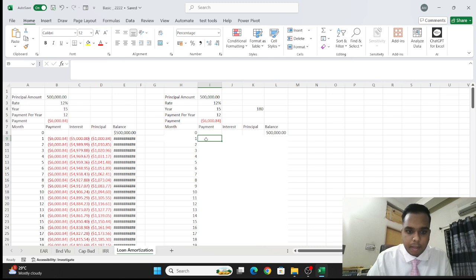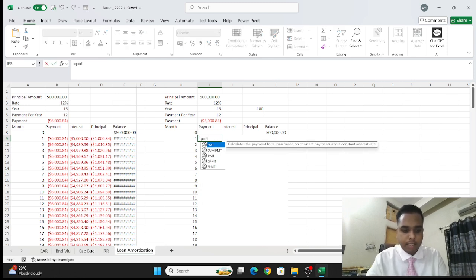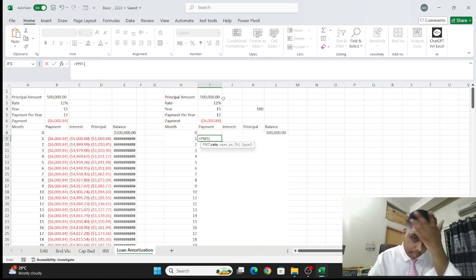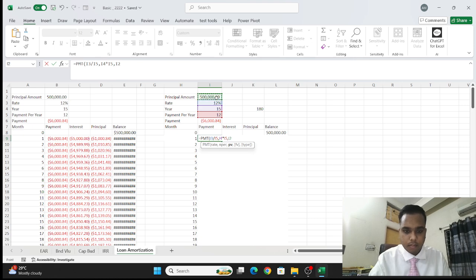So for payment, we have to write this formula: equal PMT. Rate is 12% divided by payments per year, comma, NPER. So here payments per year is the 12, so N into 12, comma, PV is present value, that means 500,000, comma, there is no FV, type 0, bracket close, equal.